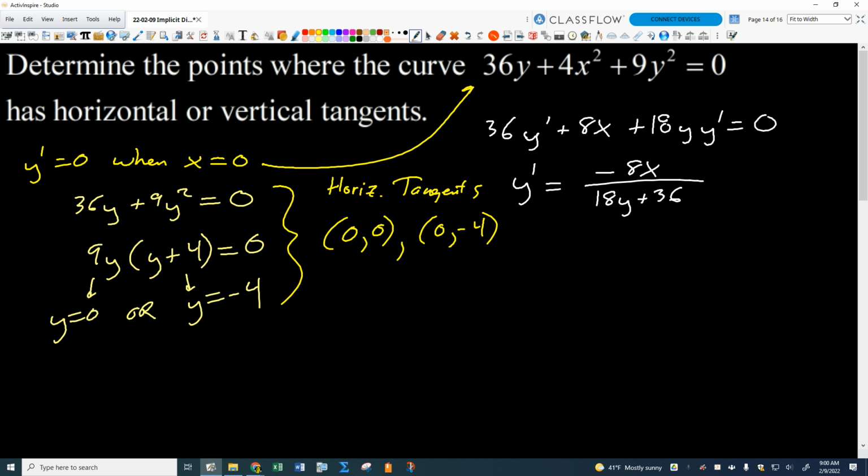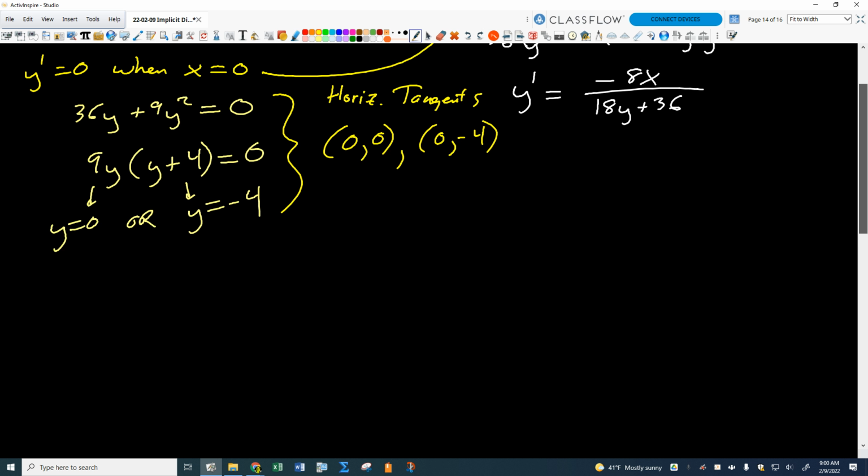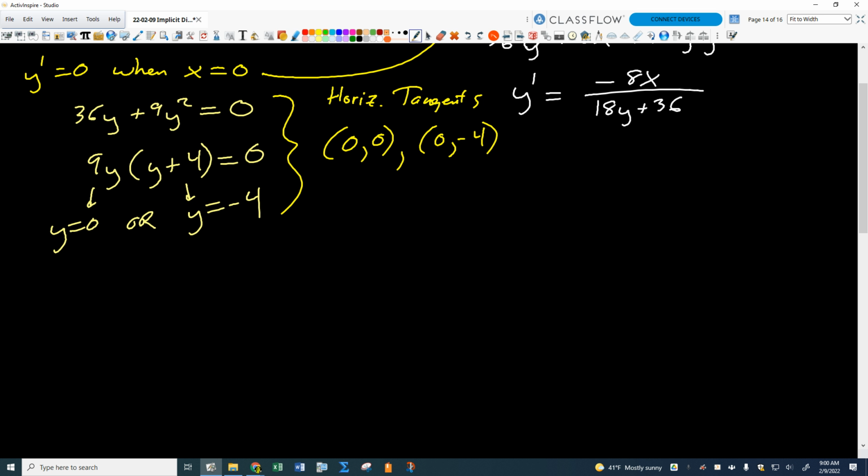So part 2 would be y prime is undefined when the bottom 18y plus 36 equals 0.